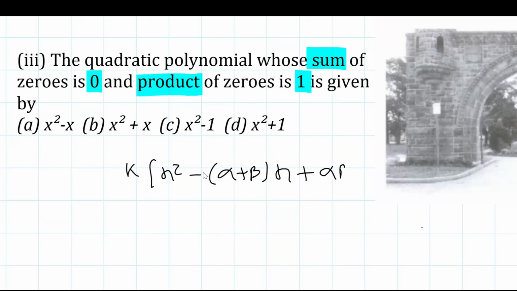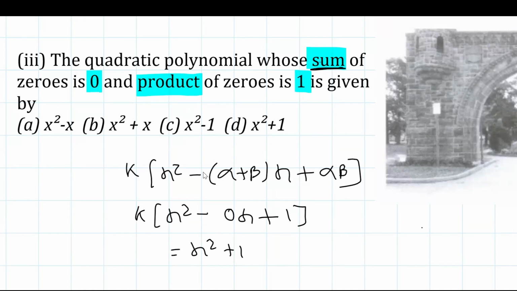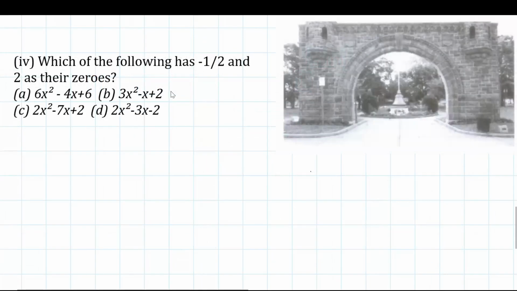Remember that we are given the sum of the zeros, so this is 0 times x plus the product, which is 1 in this case. So 0 times x is 0 only, and we get x square plus 1. Now k here is any constant, and we can take k as 1 in this case. So the answer is x square plus 1, and the D part is correct.